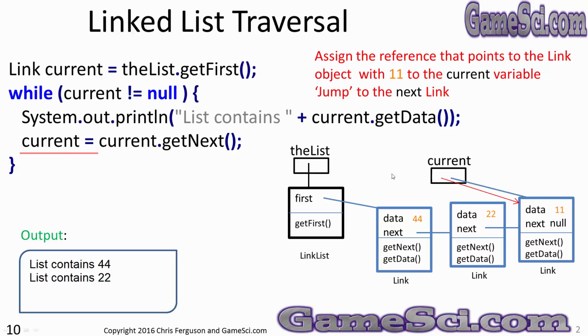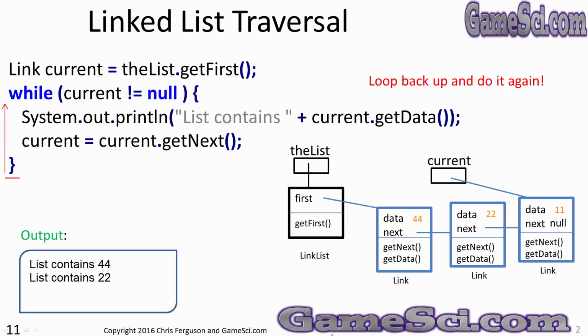And we're going to assign that reference to current. That says I want current to point to the same thing that current.next was pointing to. I want current to point to that object right there, and we just jumped the link. Current is now pointing to the object that has data equal to 11. We'll hit the end of the loop, whoop, and we'll go back up and do it again.